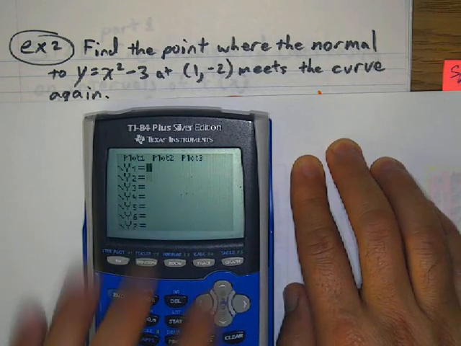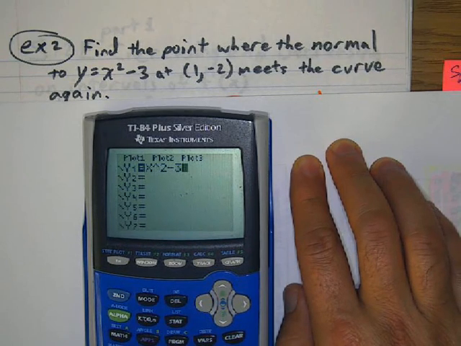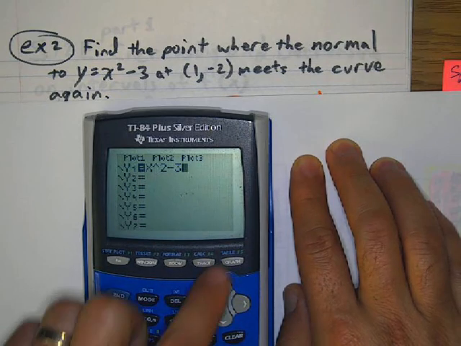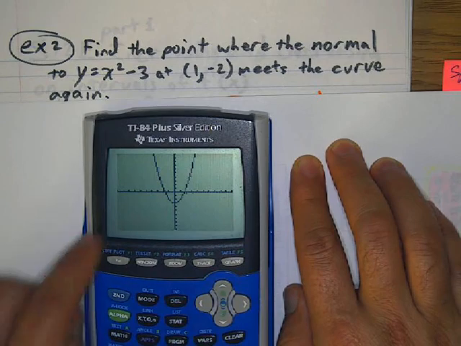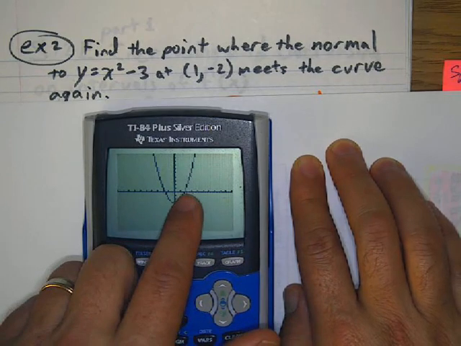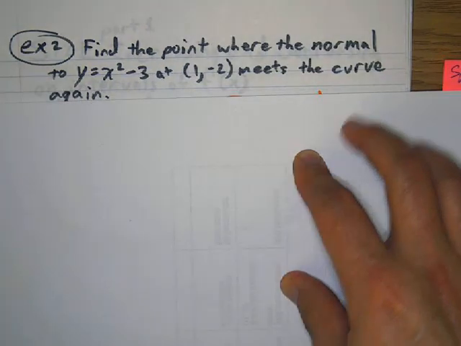So y equals x squared minus 3, and we've got this graph here. Now, first of all, at the point 1, negative 2, we're going to find that in just a minute, and we'll come back to this graph.